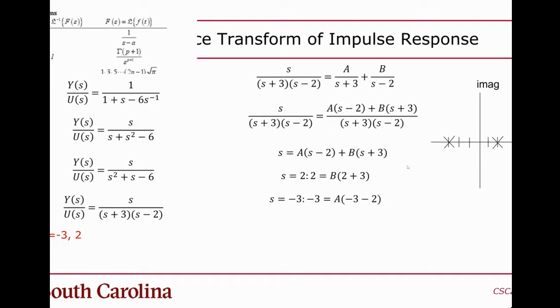And then we can do the same thing with the a side, where we pretend that s equals -3, and that would effectively eliminate the b side. And then we'd end up with -3 equals a times (-3 minus 2), right? And then we can solve for those.